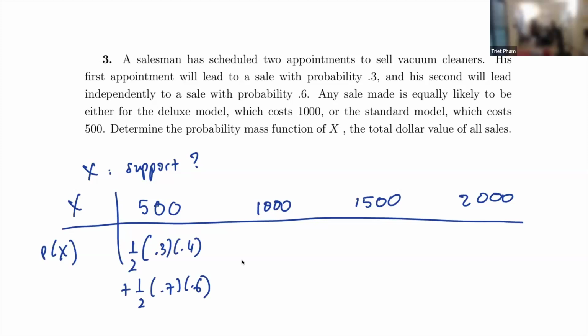What about 1,000? Right? 1,500? 1,500 actually is the same as 500, I think.